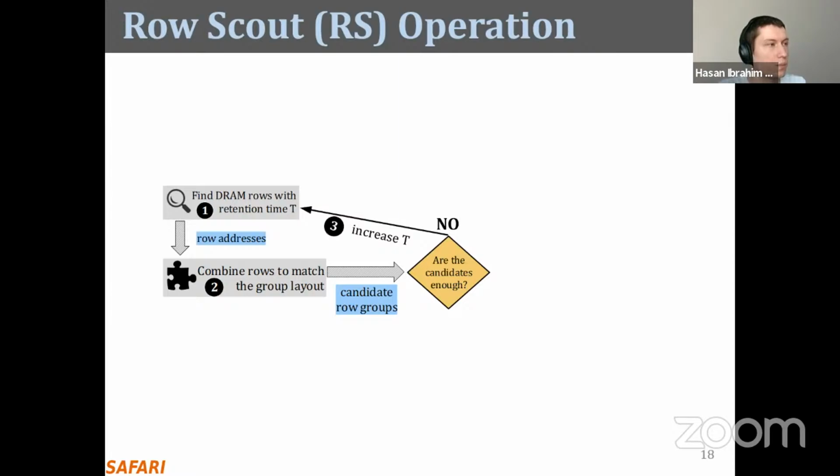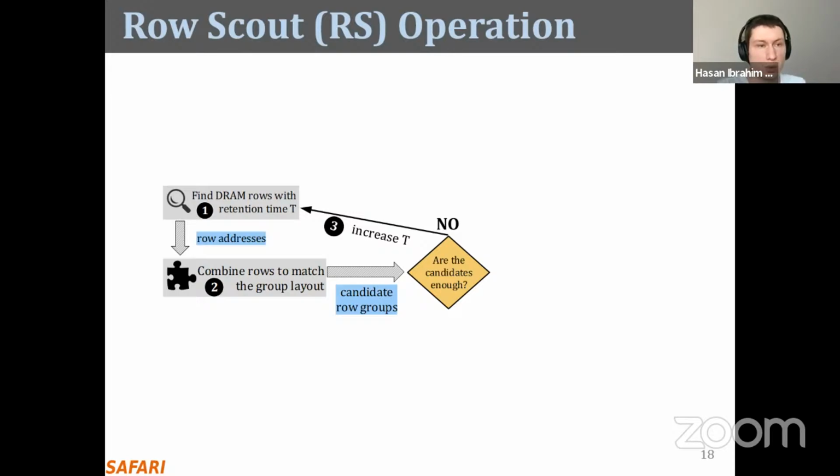And okay, so the first thing we check is if the number of candidate row groups is sufficient, right? The user might be looking for multiple of these row groups, in different locations within a bank, but let's say the user wants 5 of these.